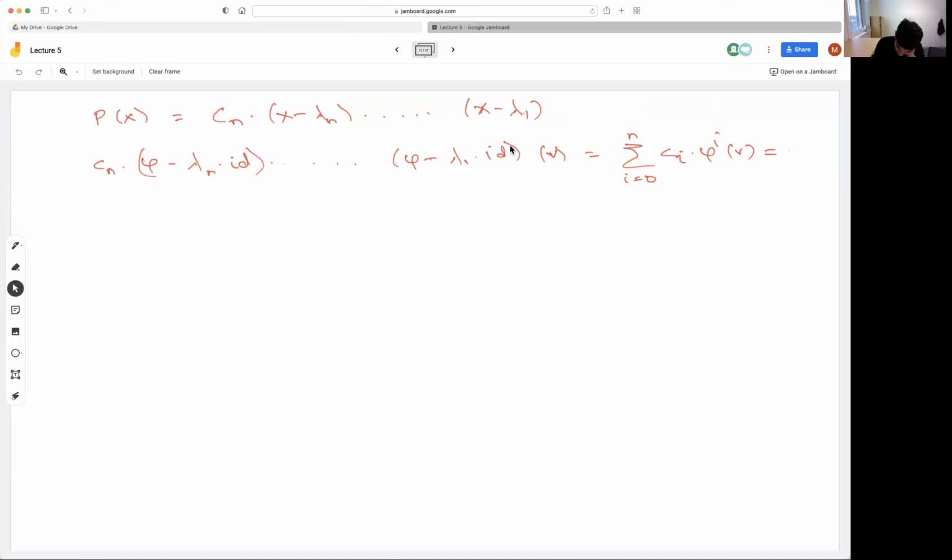Which, by the way, we know is equal to 0. So now let's see what happens after we apply these factors one by one, or after we do one of these things.